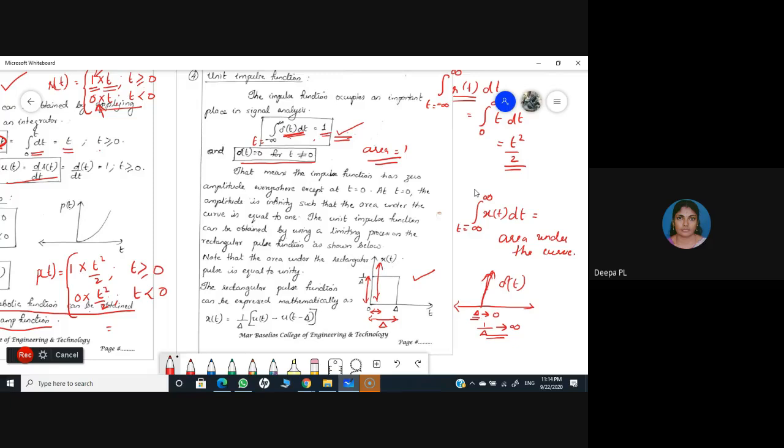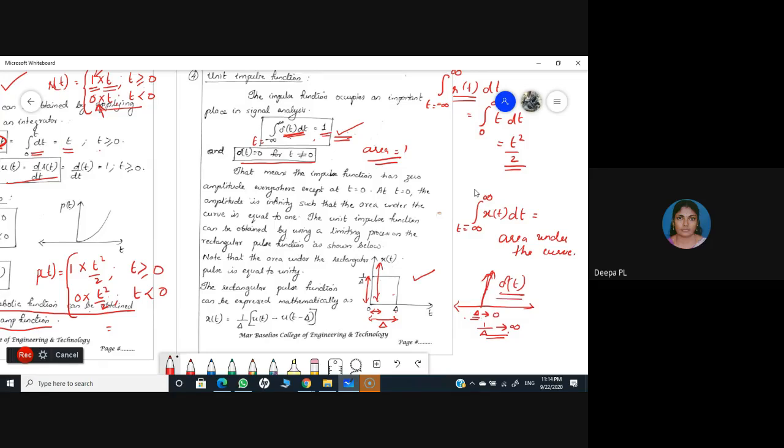Okay, so impulse function is actually originated from a rectangular signal that is having a width of delta and height of 1 by delta. As delta tends to 0, I will be getting the amplitude 1 by delta equal to infinity, and at that time also the area under the curve will be equal to 1. That signal is known as the unit impulse function.